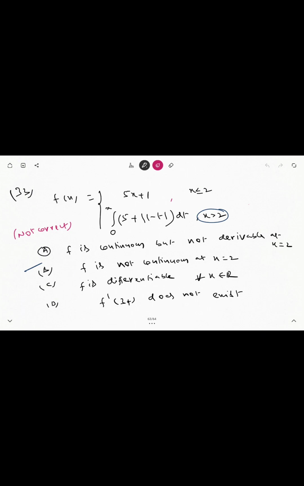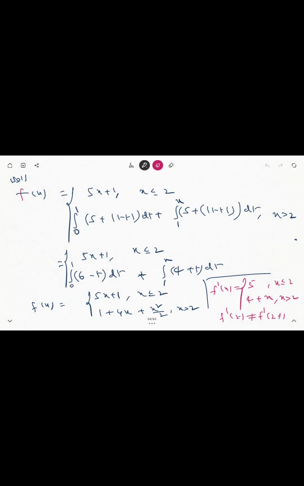C also is actually correct. We need wrong only. F dash 3 plus, you have to check whether it exists. No need to do it because it is a polynomial. After 2 it is some parabola. Every polynomial is continuous and differentiable in the domain R. Here the domain is after 2.